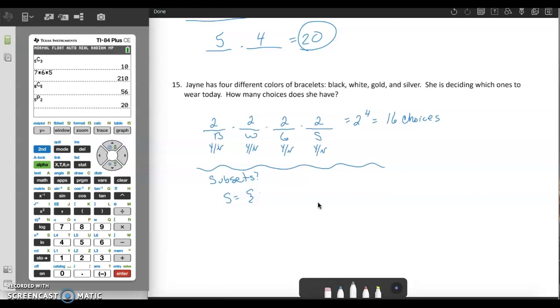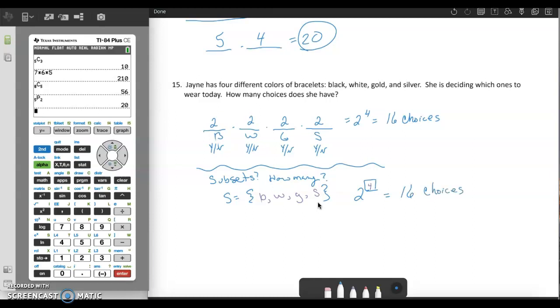So this is the set of black, white, gold, and silver, let's say. So it's a 4-element set. If we wanted to write down all of the subsets, how many subsets? We know that the formula for that is 2 to the power of however many elements there are, which in this case is 4. So we get that 16 choices again.